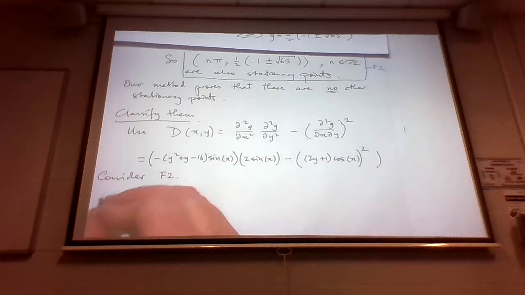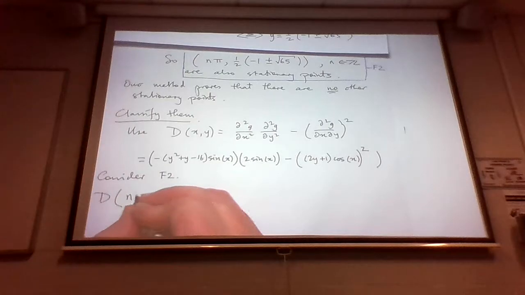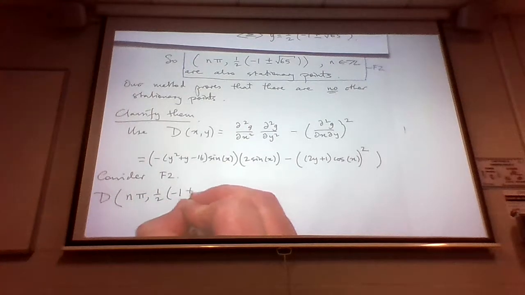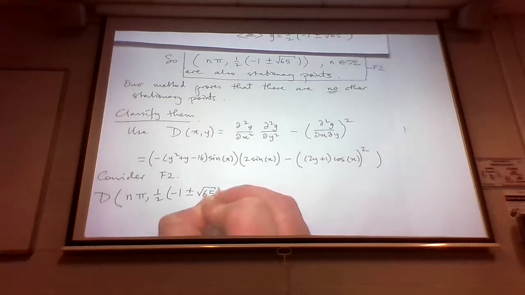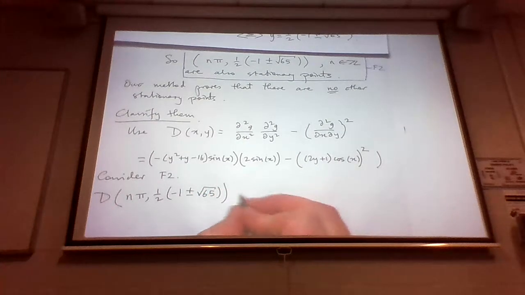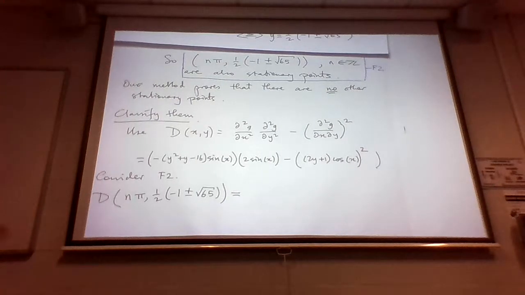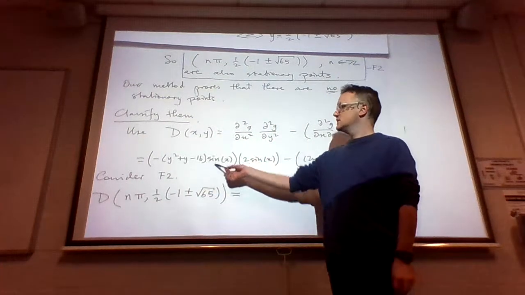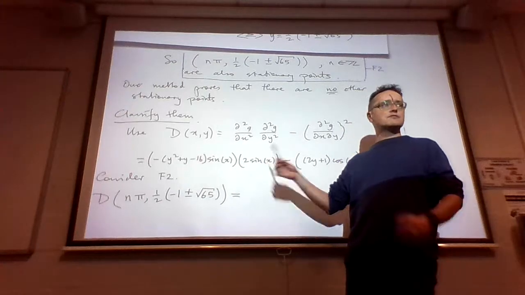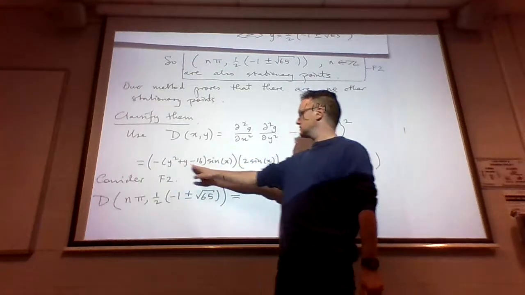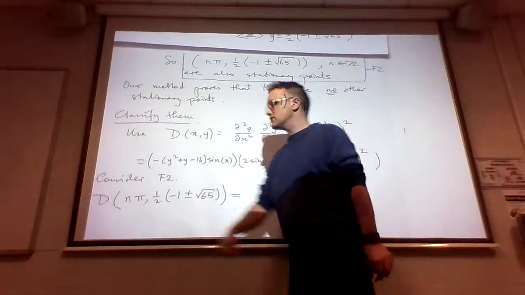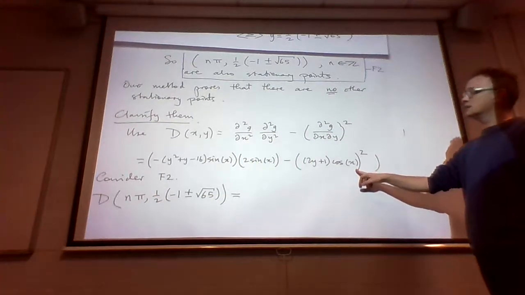If I evaluate this D at n pi and either of these y points, you could take them separately, but actually you can take them together. When you put in n pi for x, the sine of x is going to be 0. So in fact, you don't get anything from these first two terms. The sine of n pi is 0. So you only get something non-zero from here.